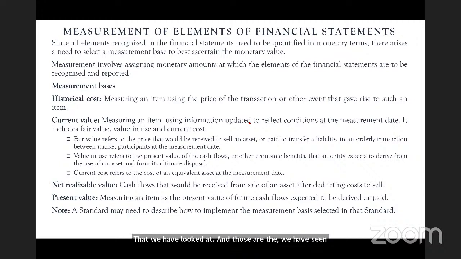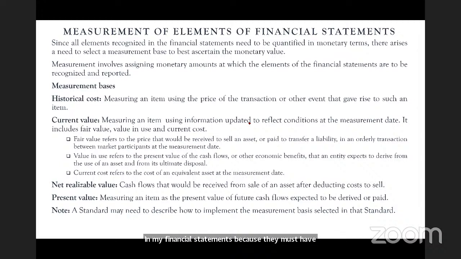Now, after knowing that this is a car, and this car meets the definition of an asset, I have checked the recognition criteria, and I see the car actually fits to be recognized in my financial statements. My next question is going to be, at what value should I include it in my financial statements, because they must have monetary value.